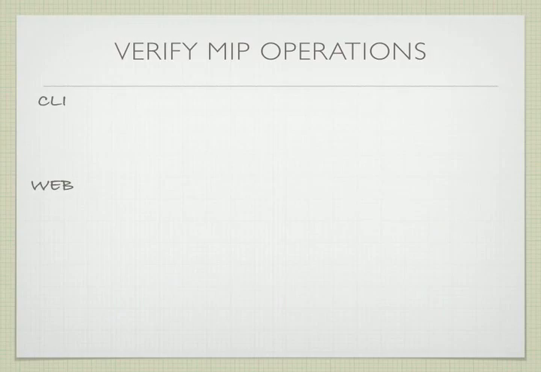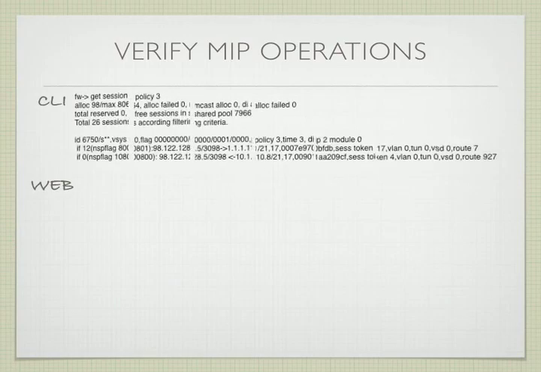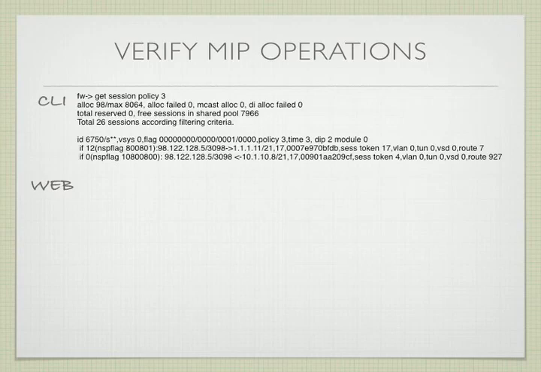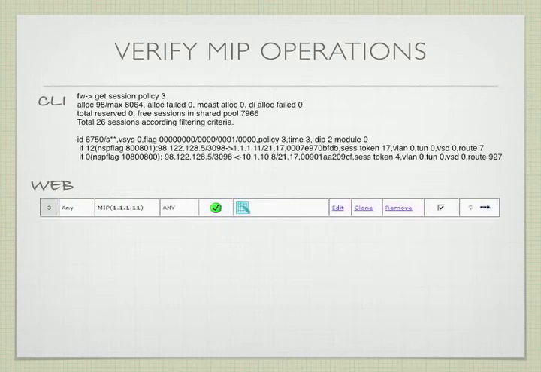So in order to verify that these objects are in place, we use our same get session policy again to see the actions that are occurring on that policy, in this case policy number 3. Or we go into our web interface, and again we see green permit with a MIP address.